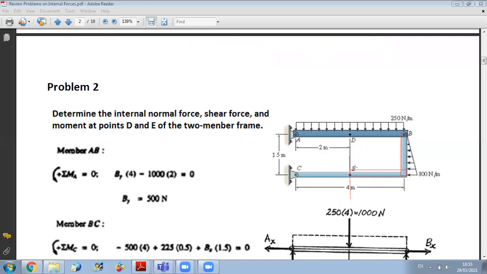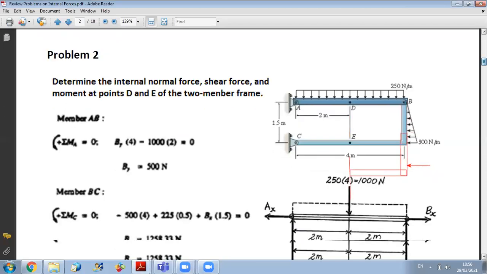In this way, I can get the internal forces at point E. At B, we have the internal pin, so when I take the member BE itself, I have Bx and By at B. And I have the equivalent force, equal to the area of the triangle, at a distance of 0.5 meters from E. So now all I have to do is the equilibrium relations on part BE.